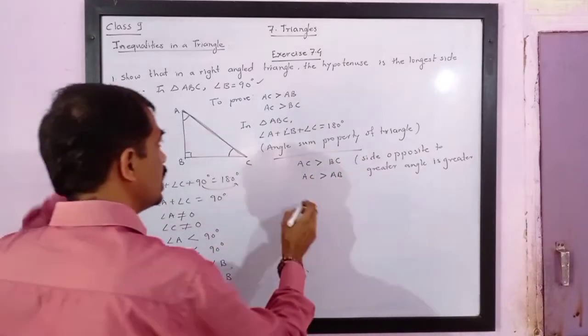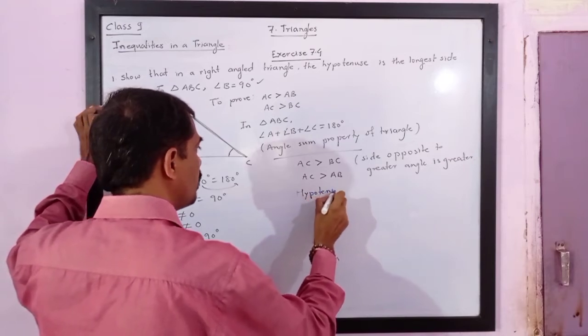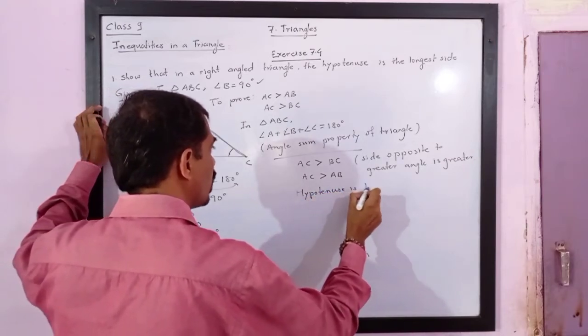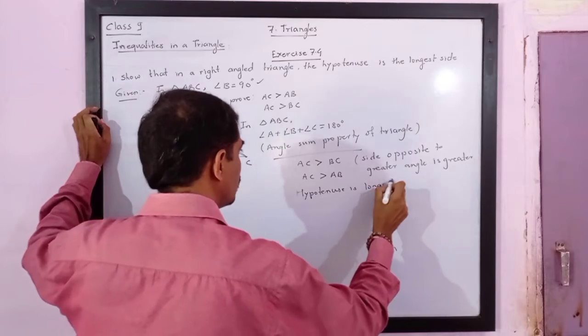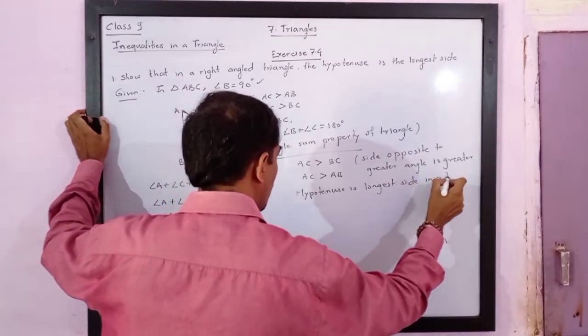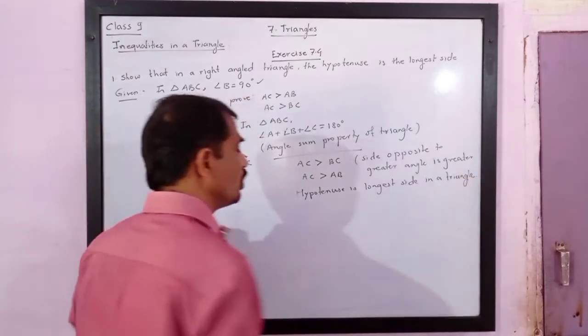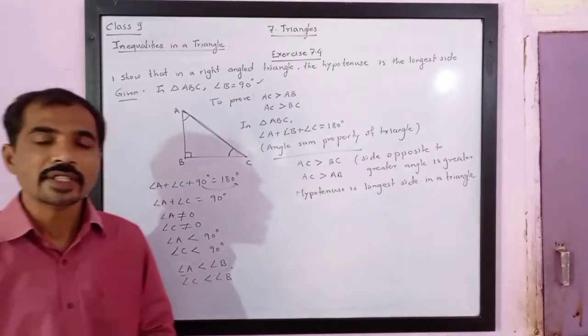Thus we can say that the hypotenuse is the longest side in a triangle.